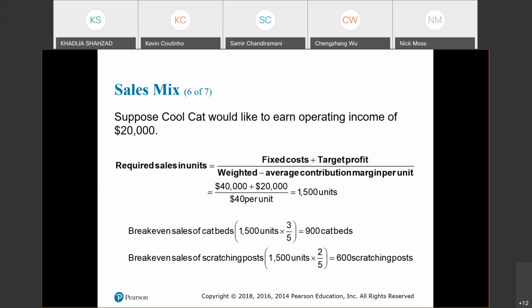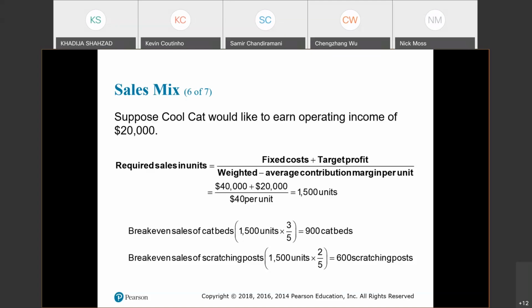Let's assume that this company would like to earn an operating income of $20,000. In other words, its new target profit is $20,000 instead of $0 at the break-even point level.